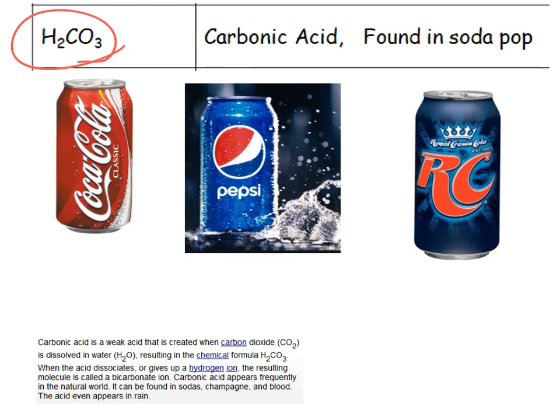You can also find carbonic acid in acid rain, because when carbon dioxide reacts with water, it can turn into carbonic acid. So it's a very naturally occurring type of acid that we find all over the place in different things. Even your blood has some carbonic acid in it. Not a super strong acid, but an acid nonetheless.